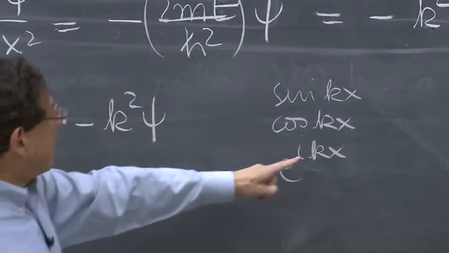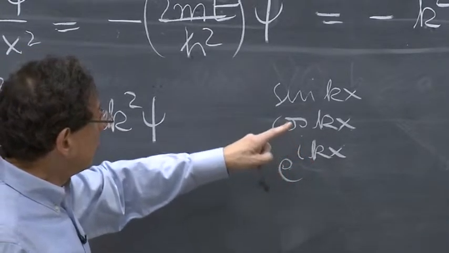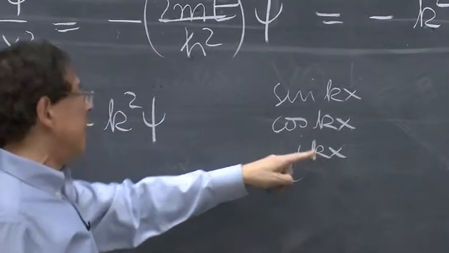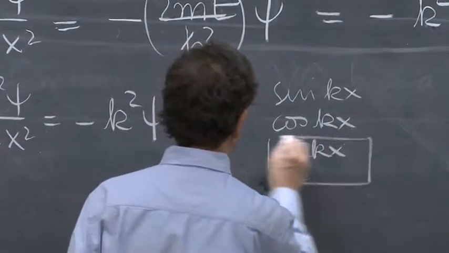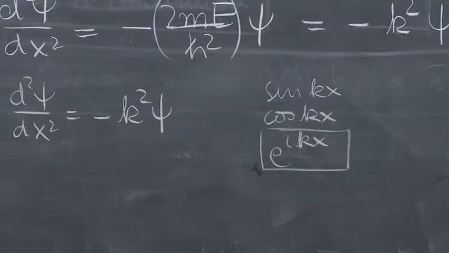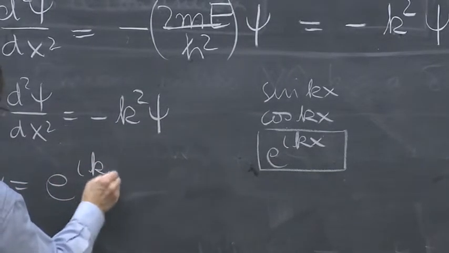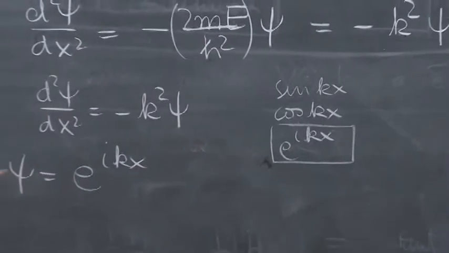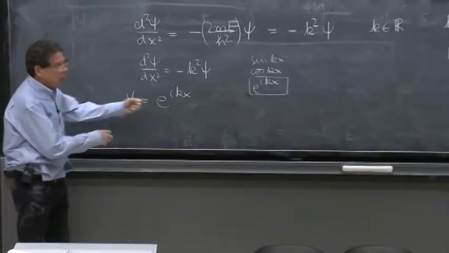And this is kind of better or easier because you don't have to deal with two types of different functions. And when you take k and minus k, you reproduce these two. So let's try this. And these are solutions. Indeed, psi is equal to e to the ikx. So we'll leave for next time to analyze the precise details: what values of k are necessary for periodicity and how we normalize this.